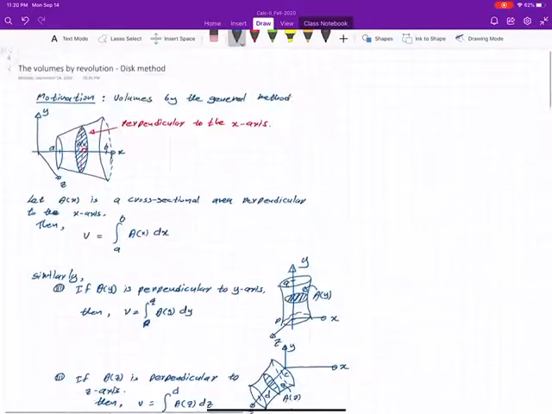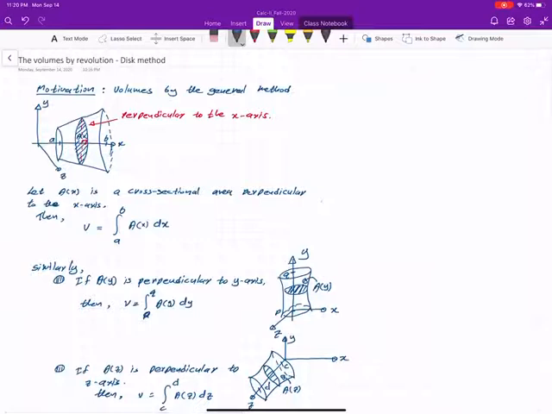Let's go from the beginning. This is the topic, volumes by revolution. There are two methods, which we learn in two classes. The first method is the disk method. Then we learn the washer method in the other class.